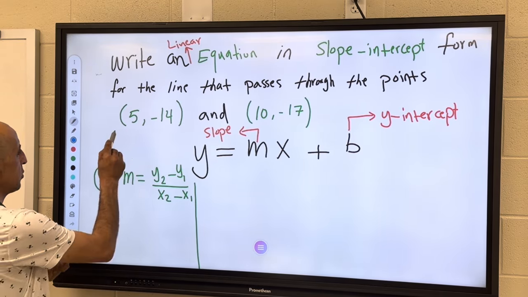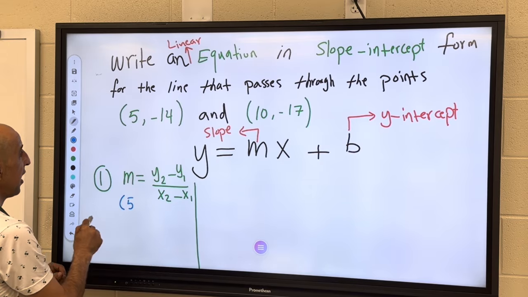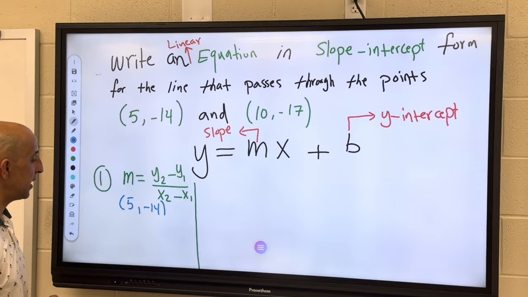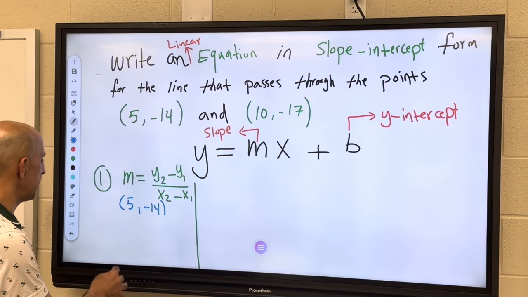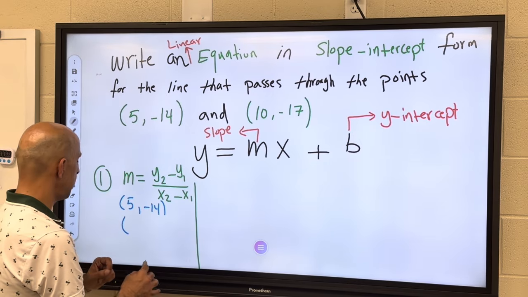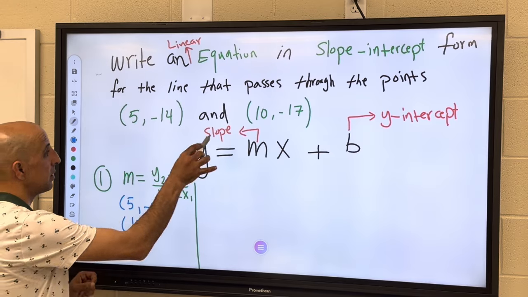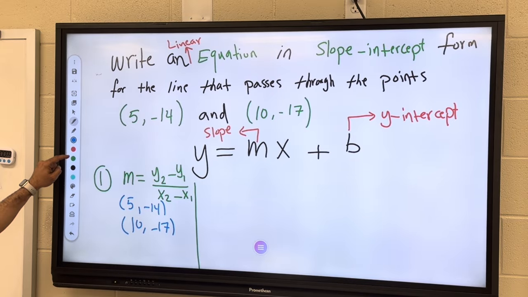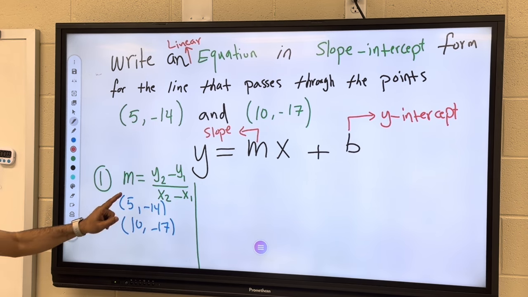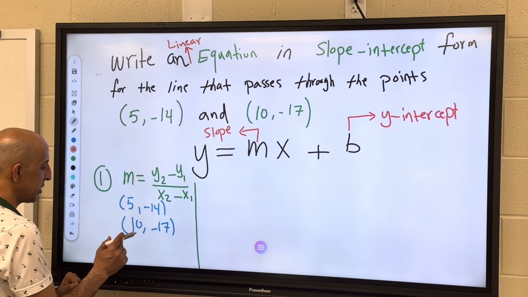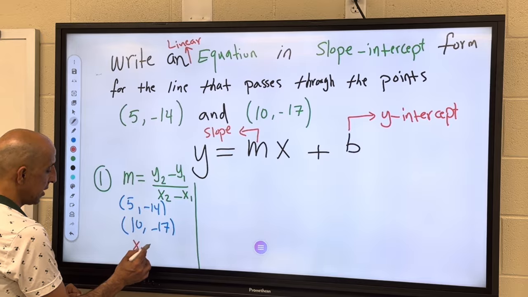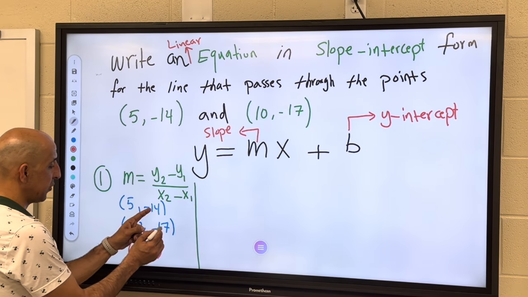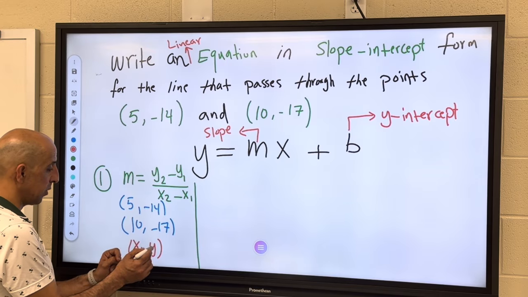We take the first point, 5, negative 14, and the second point, 10, negative 17. We start with the y, because these points are written as x, y. We can start with negative 14 and negative 17 as y.